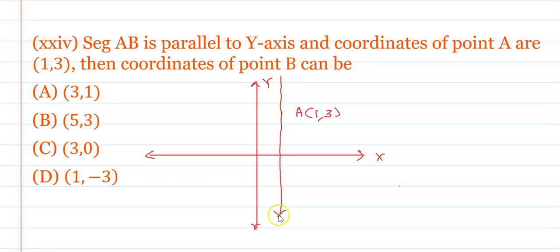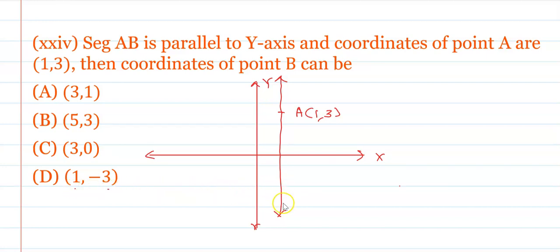When a line is parallel to the y-axis, for the points on that line, the x coordinate always remains constant, and the y coordinate keeps changing. So on this line AB, any point B must have x coordinate equal to 1. So in the options, which point has x coordinate 1? Option D has x coordinate as 1, that is (1, -3).